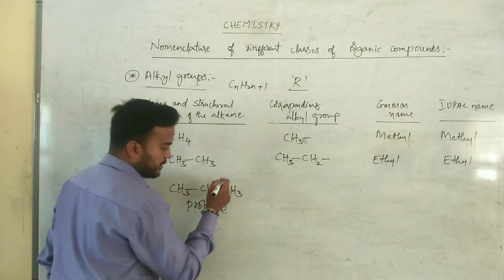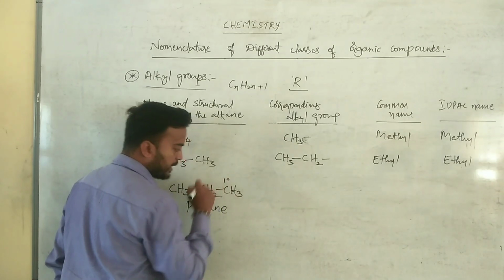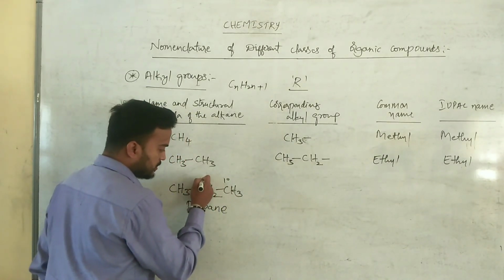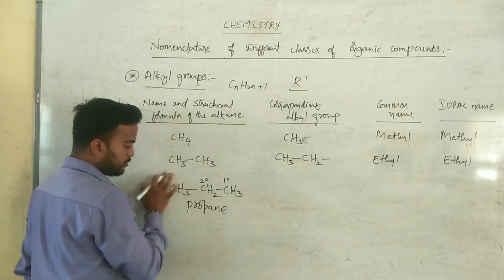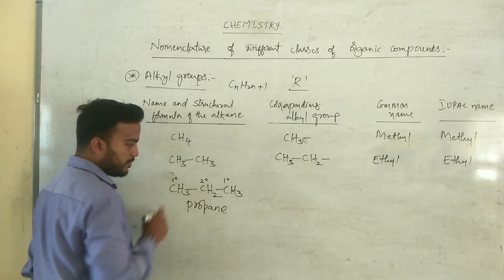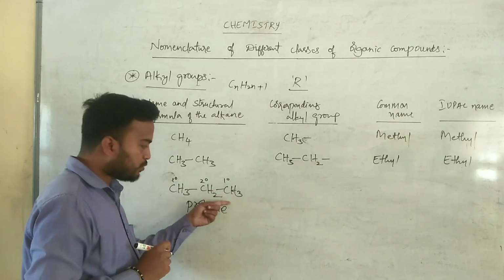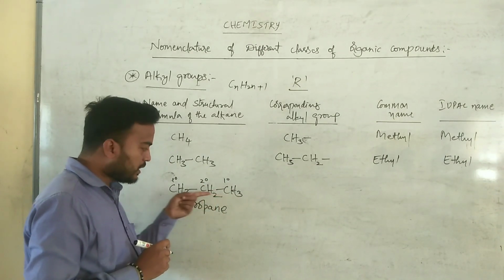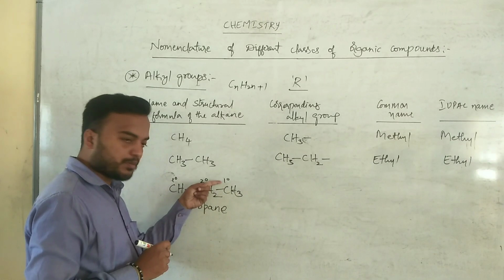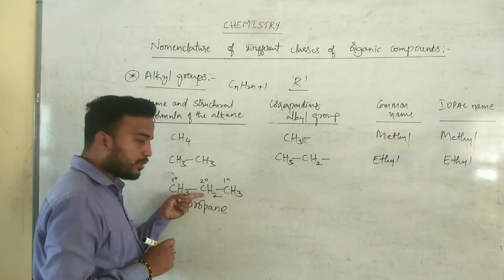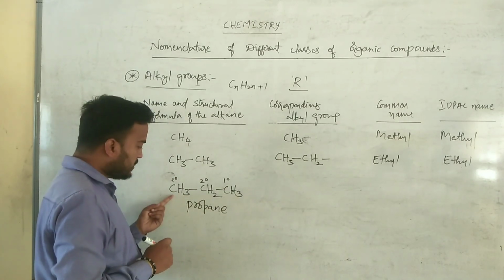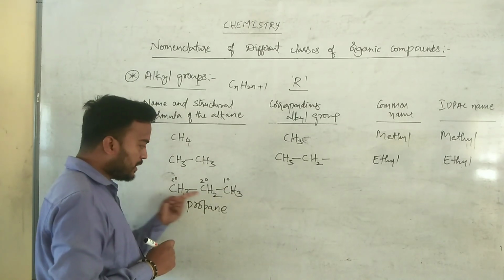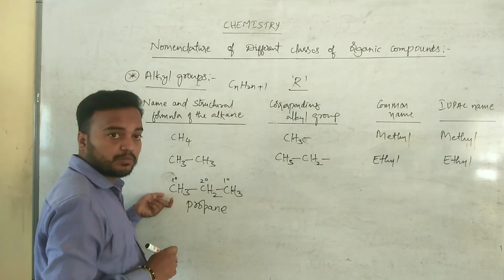In this case, this is a primary carbon atom, this is a secondary carbon atom, and this is also a primary carbon atom. Notice this carbon is attached to only one carbon atom, hence it is a primary carbon atom. But this carbon is attached to two other carbon atoms, hence it is a secondary carbon atom. And this carbon atom is attached to only one carbon atom, therefore it is a primary carbon atom.